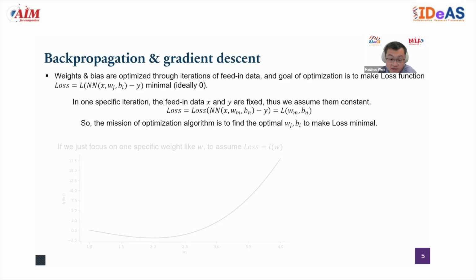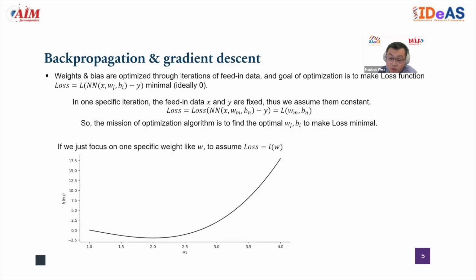If we just focus on one specific weight W, the loss is a function of this W. In a simple function graph, it may look like a curve like this. Our initial W is not optimal.